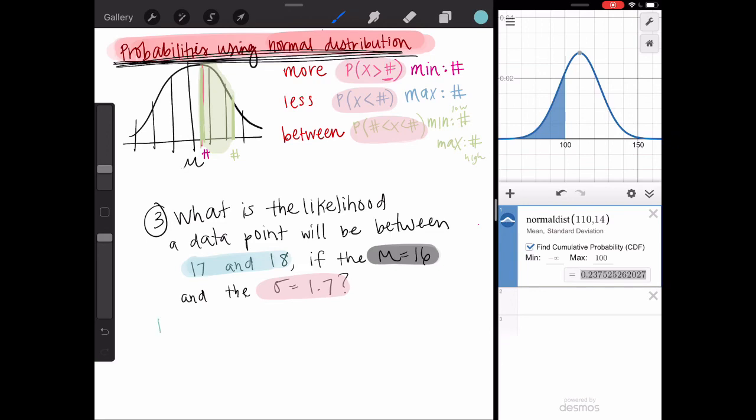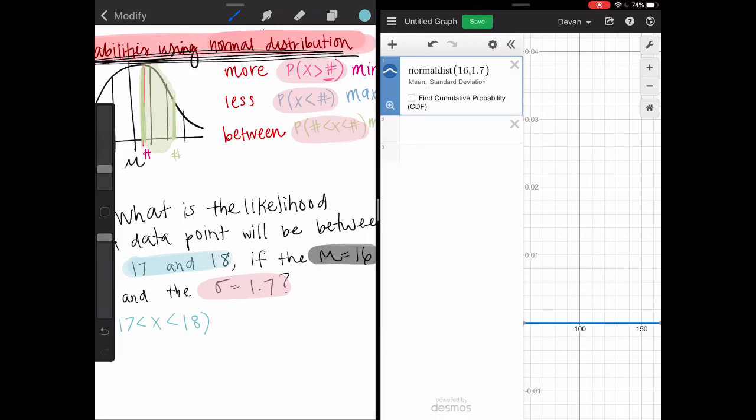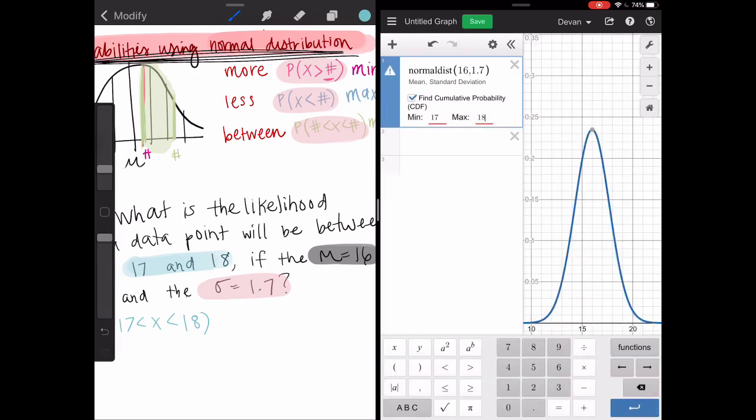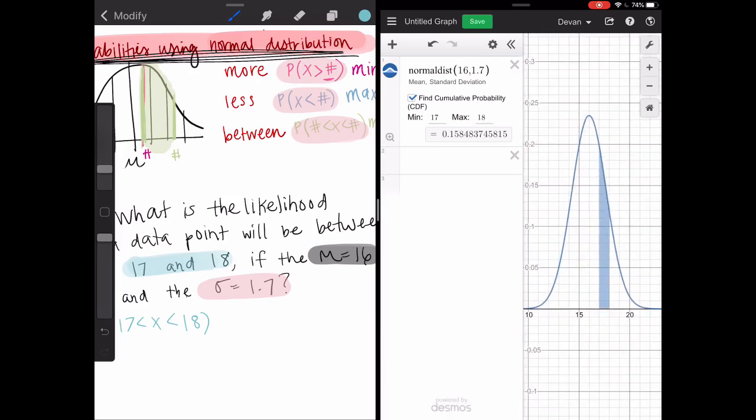So the probability is written as, it goes from 17 to 18, written as an inequality. So I would put in my mean, which is 16, and my standard deviation, which is 1.7. And then I would put my minimum value of 17 and my maximum value of 18. Notice it shows me the region in between those two values. 17 is down here and 18 is down there.